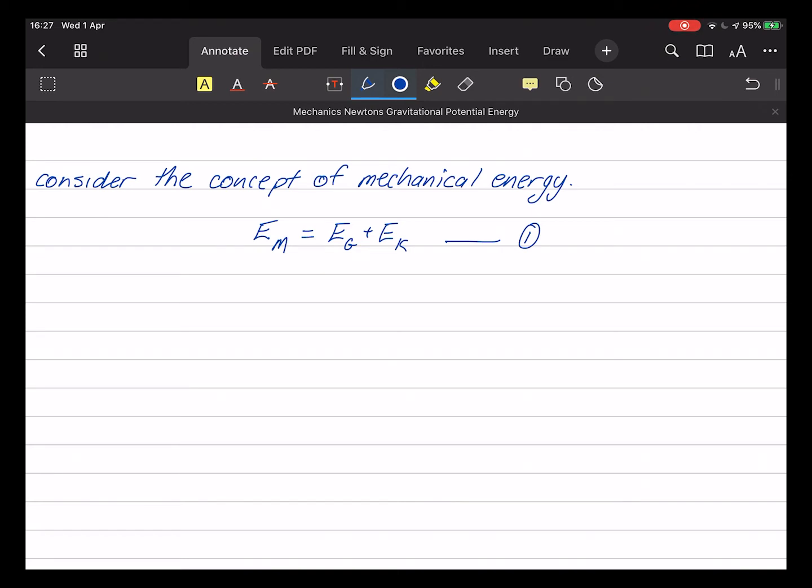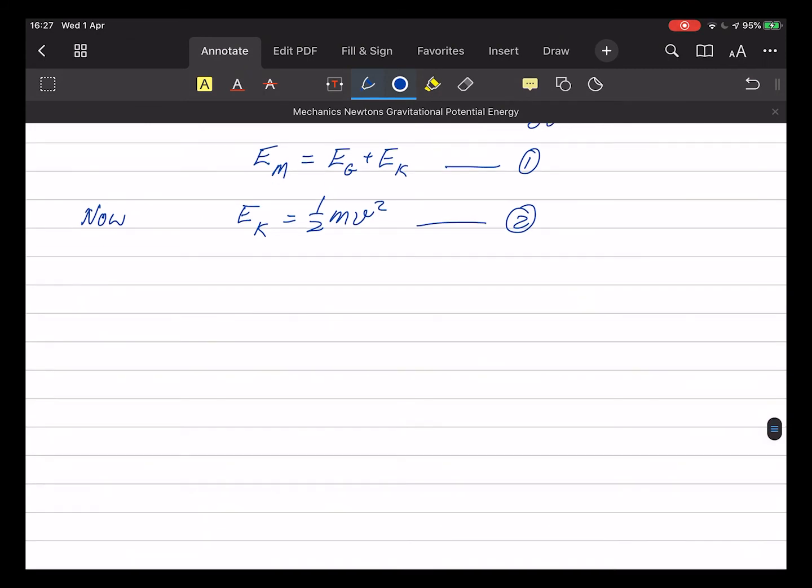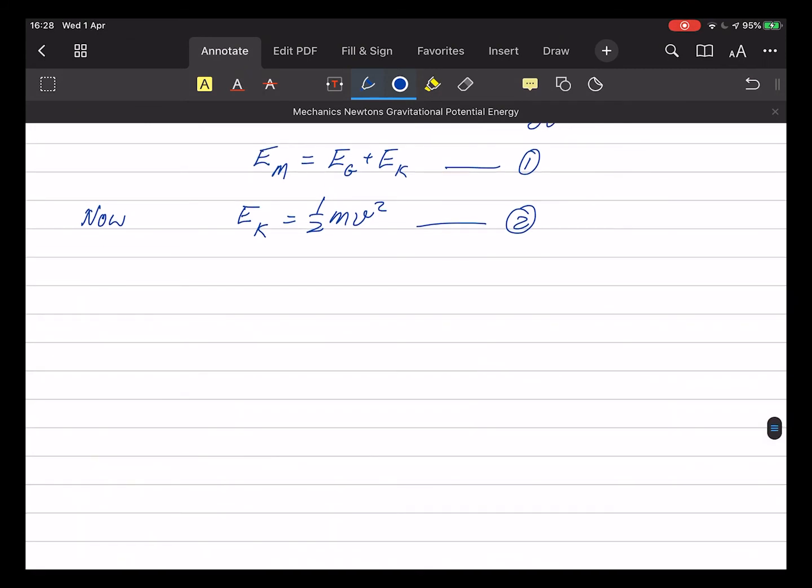We know that the kinetic energy is half mv squared. Now the v squared is interesting because it also appears in our formula for centripetal acceleration or centripetal force. So we can use that to find out what that v squared would have been, or is.